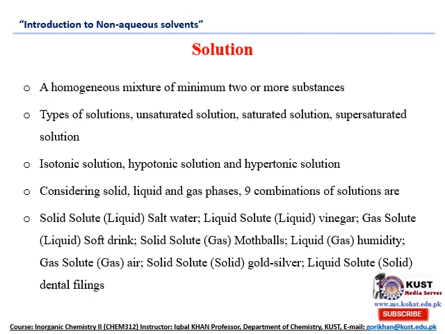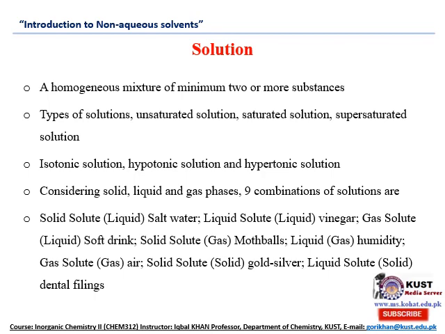These types of solutions are commonly known to an undergrad student: unsaturated solution, saturated solution, supersaturated solution. So you are quite used to these terms. Then we move on to other, more specific types: isotonic solutions, hypotonic solutions, and hypertonic solutions.